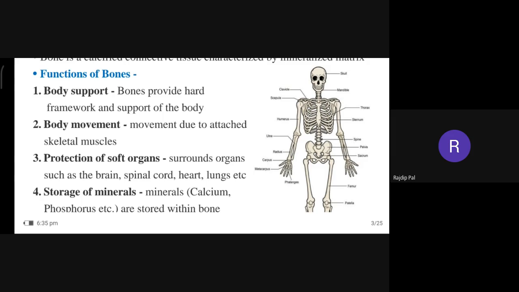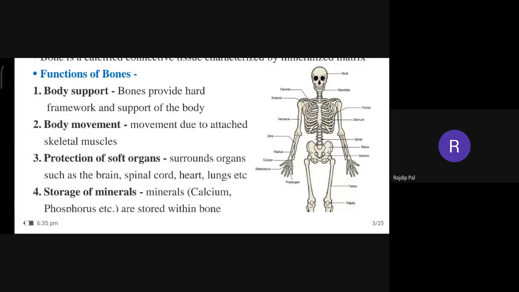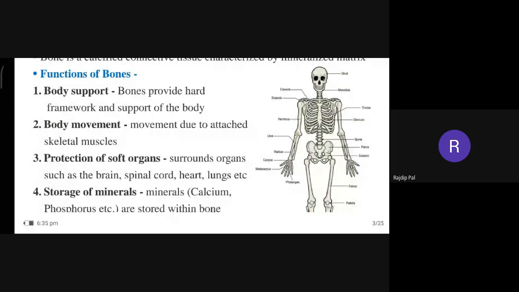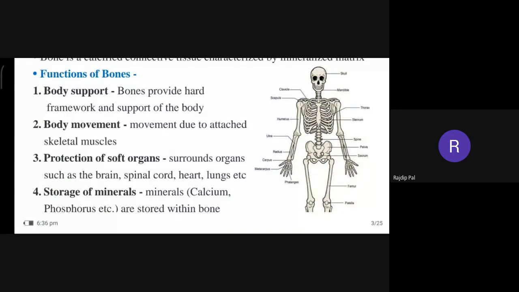The framework inside the statue is a firm foundation of straws. Like that framework, our skeleton gives support to our body. This is the main structure on which our muscles are put. Our muscles are bound over these bones only.